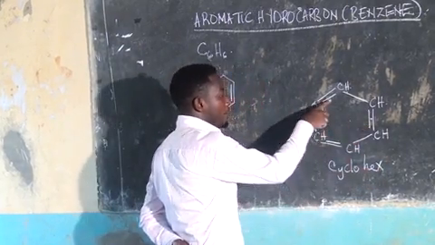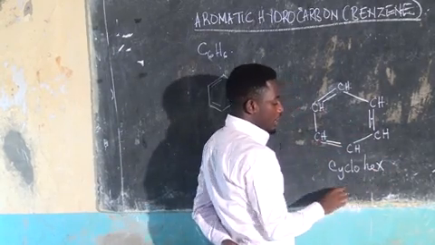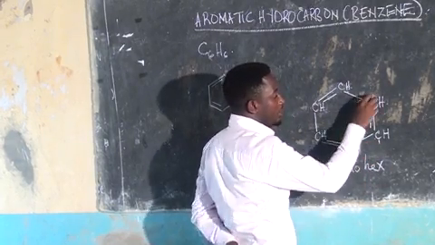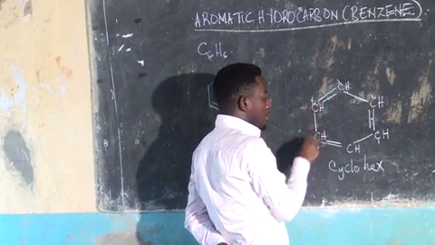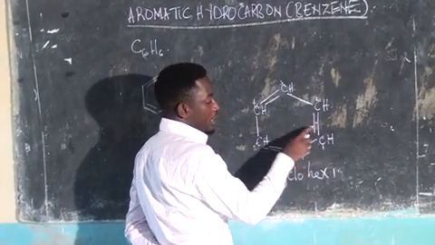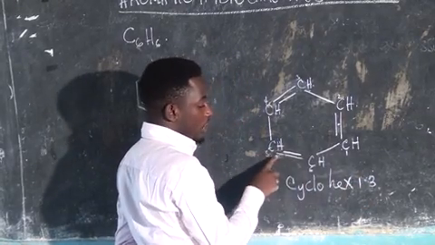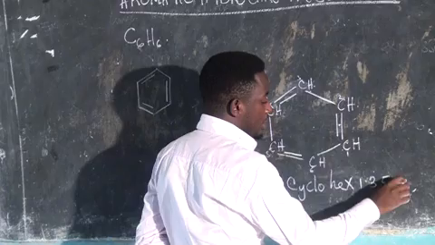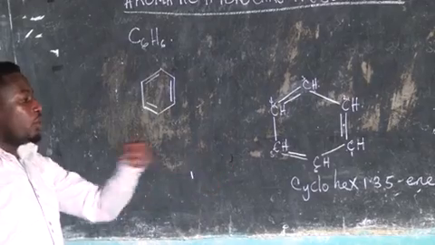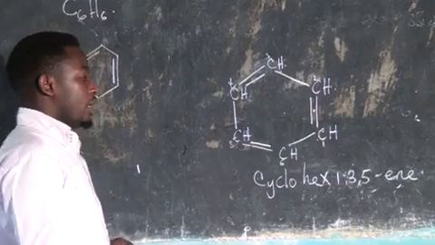But now there are 3 double bonds, so it becomes cyclohexatriene. The first double bond is on carbon number 1, the second on carbon number 3, and the third on carbon number 5. So the Kekule structure would be cyclohexa-1,3,5-triene.